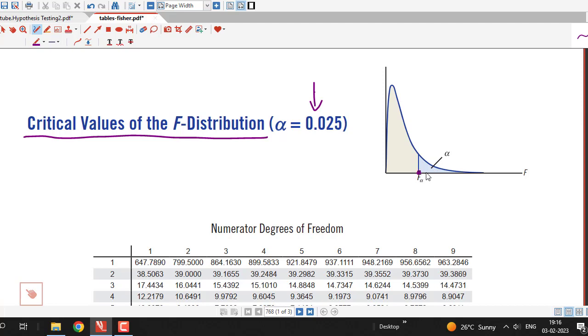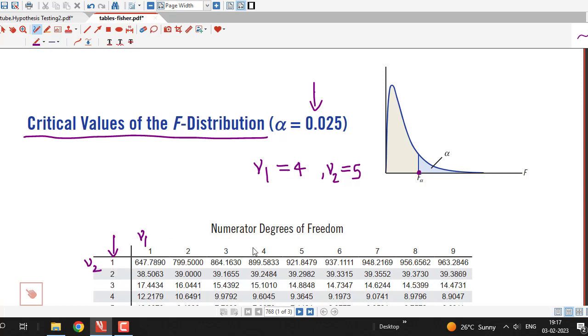Here we have numerator degrees of freedom equal to 4, denominator degrees of freedom equal to 5, and these column headings are for numerator degrees of freedom. This left column corresponds to denominator degrees of freedom.